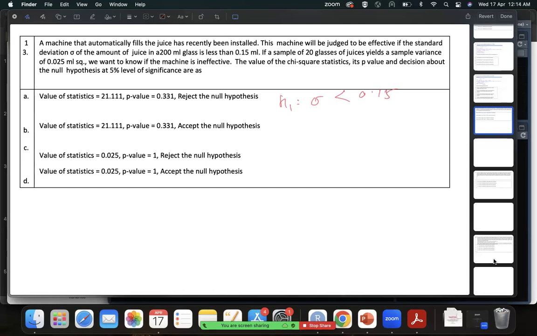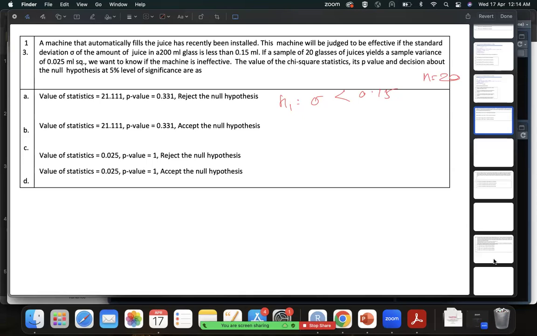You have a sample of 20 glasses, n is equal to 20, which yields a sample variance of 0.025 ml. You want to know if the machine is ineffective: the value of the chi-square statistic and the decision about the null hypothesis.